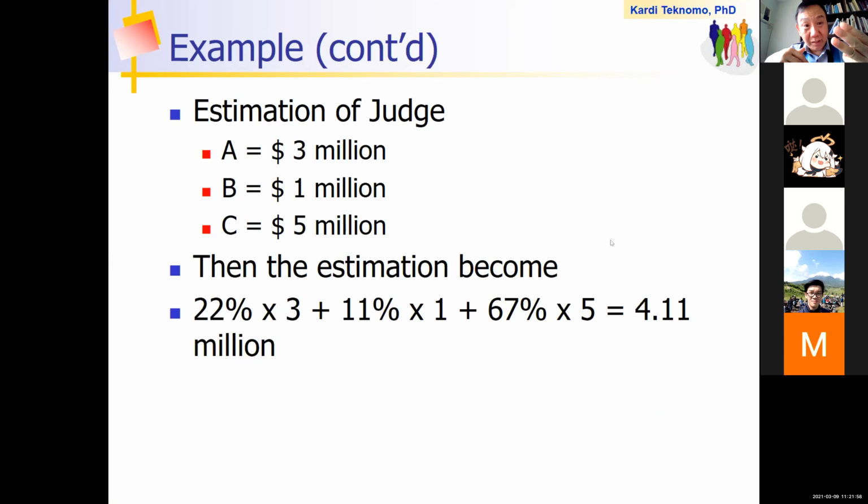Okay, the third is based on Bayes theorem, which is subjective probability, and you keep revising the subjective probability based on event, on situation. So this subjective probability is based on opinion.